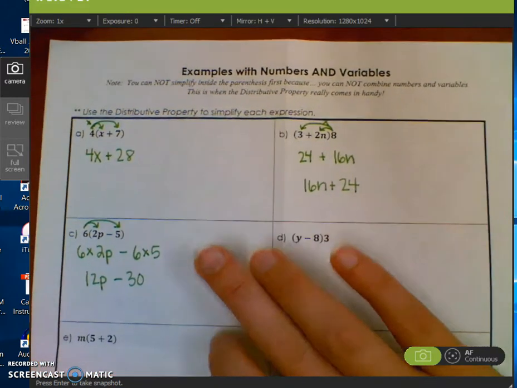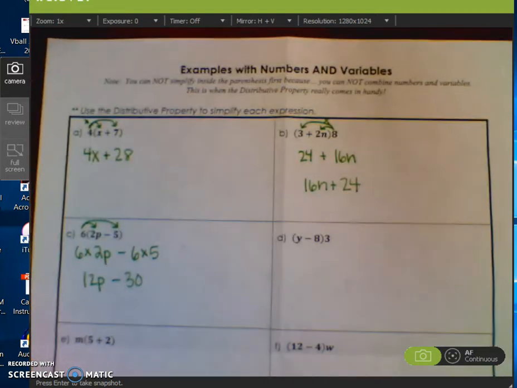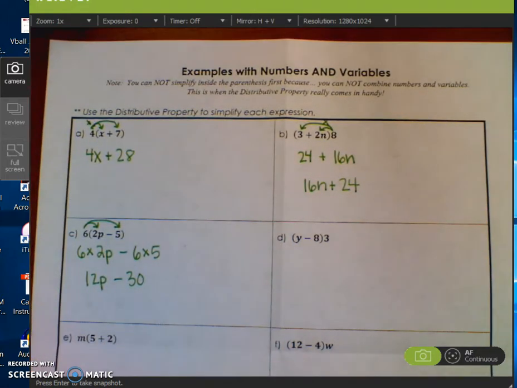I can't go any further here because these aren't like terms. 12p has a variable, 30 is a constant because it doesn't have a variable, and so this is simplest form, 12p minus 30.